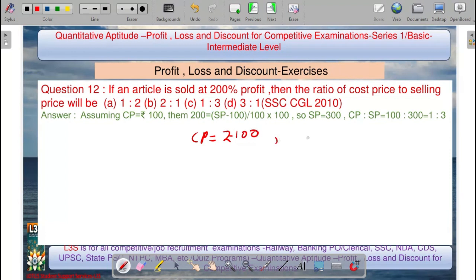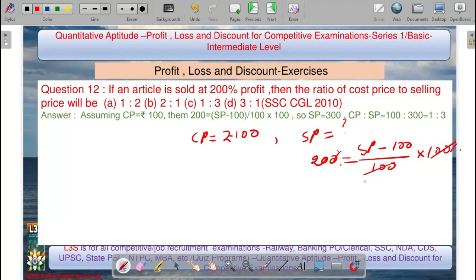Then for 200% profit, 200% is equal to SP minus 100 by 100 into 100%.